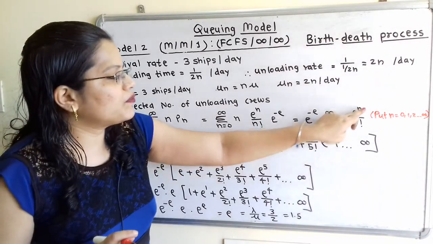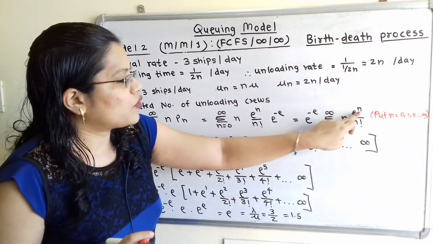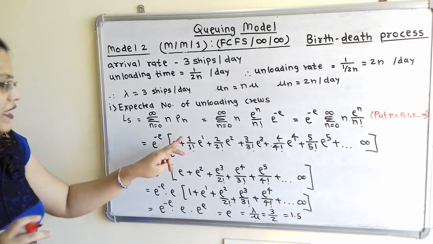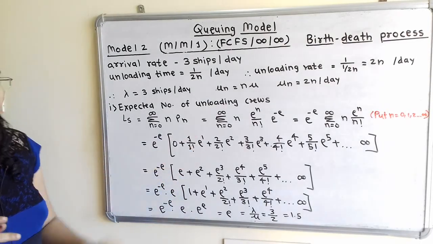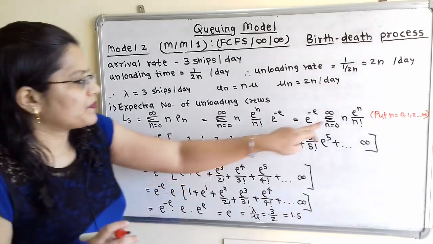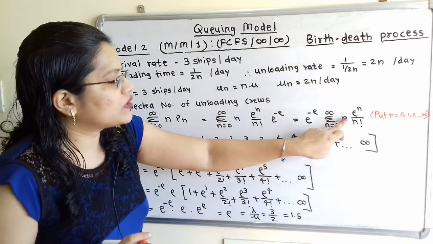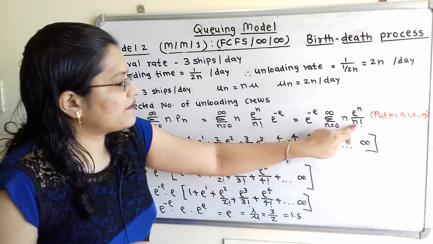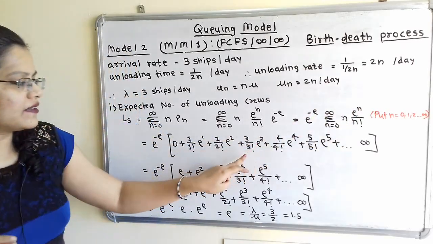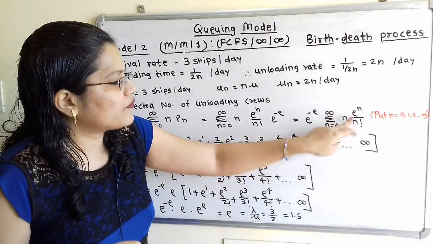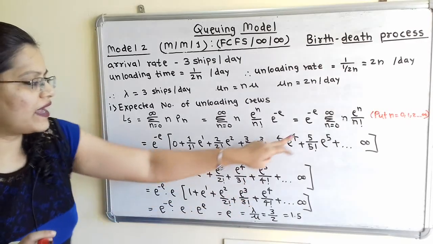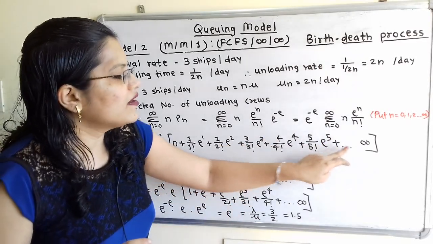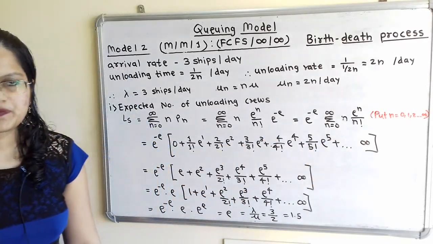Now instead of n put 1: 1 by 1 factorial rho raised to 1, plus. Here we put 2: 2 by 2 factorial rho raised to 2. Then 3 by 3 factorial rho raised to 3, that is rho cube. 4 by 4 factorial rho raised to 4. 5 by 5 factorial rho raised to 5, up to infinity.